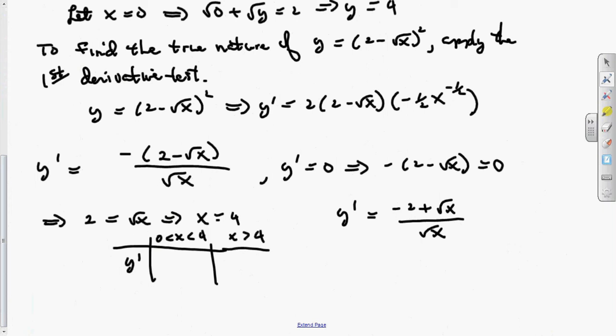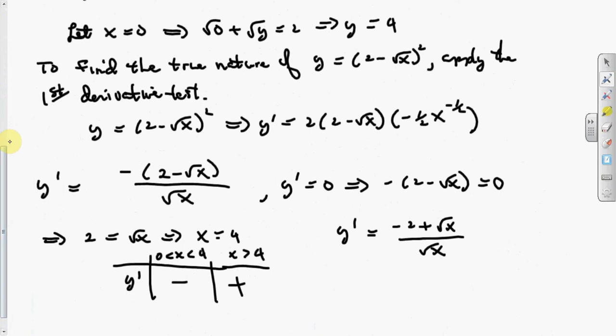So if I take a number less than 4, let's say 1, I get negative 2 plus 1, which is negative. And if I take a number bigger than 4 and plug that in for the numerator, I get positive. So this tells me that to the left side of 4 the slope is negative. Right, exactly. It's sloping down.